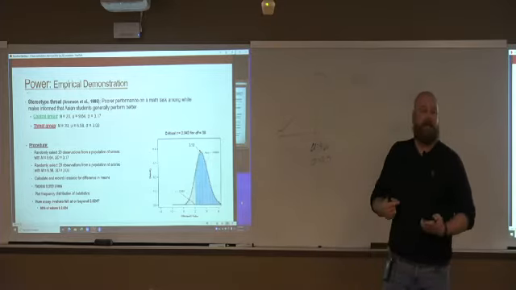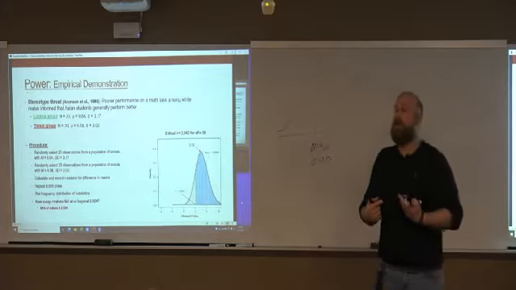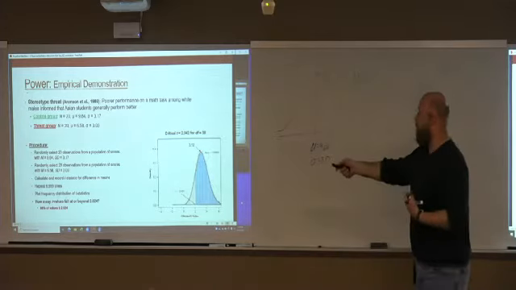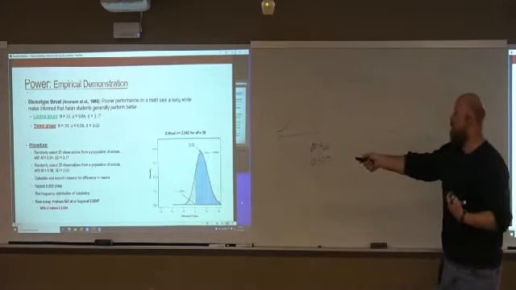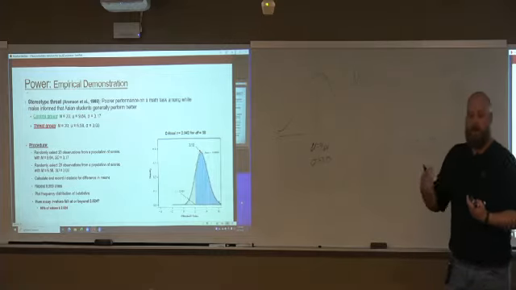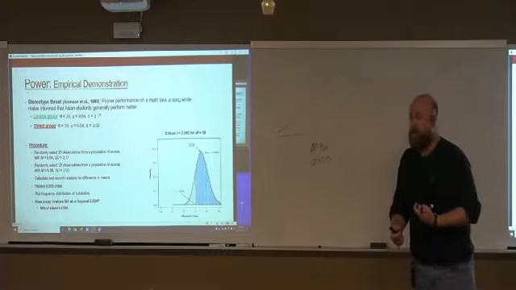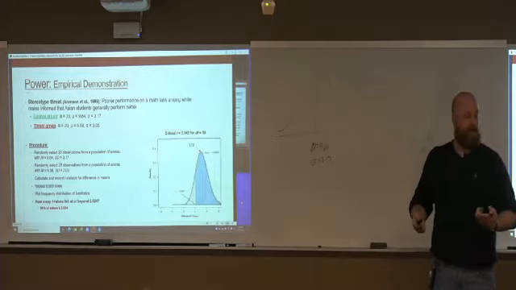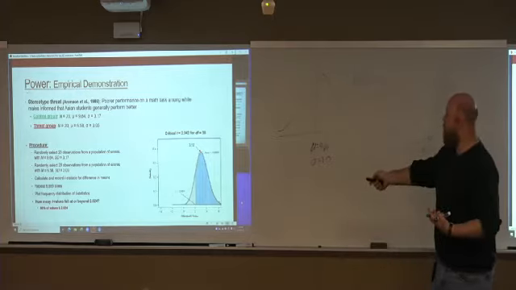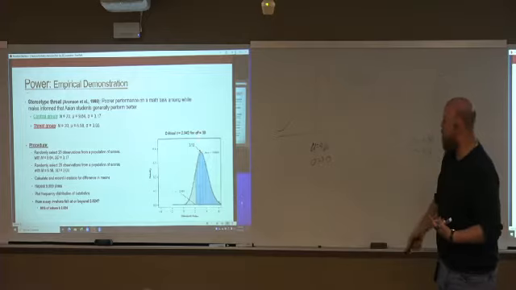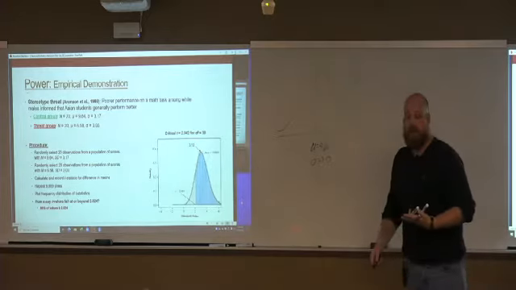So the idea being that for any one of these samples, if these really are the population parameters for the control group and for the threat group, right? The question is, with sample size 20, how often am I going to reject the null hypothesis given that there is a difference, right? Well, this would say, if I do this, about 86% of those.